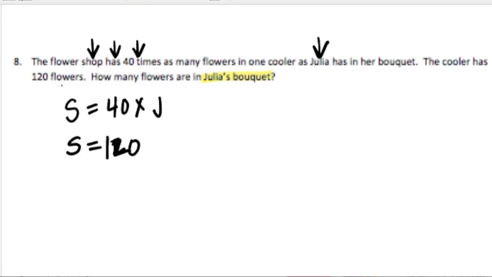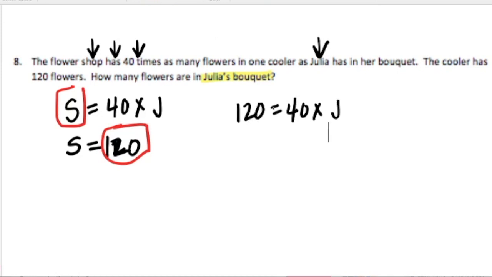So instead of saying S, I can say 120 because they tell us that S is 120. So 120 equals 40 times J.